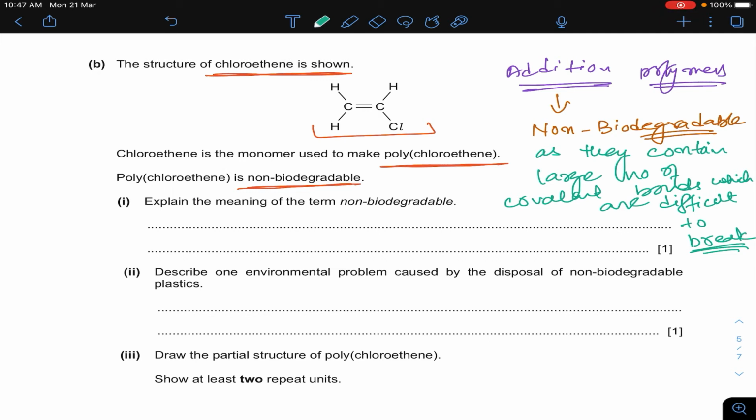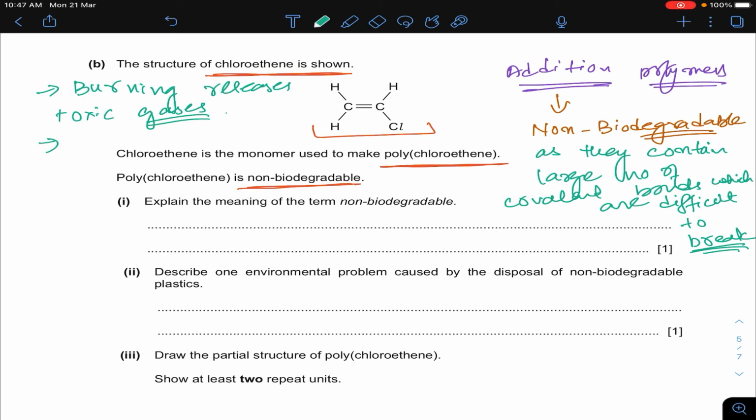One of the disadvantages we have discussed in the MCQ section in P1 is that they can only be disposed of by burning, but burning releases toxic gases, right? And if not burned, then landfilling would occur.